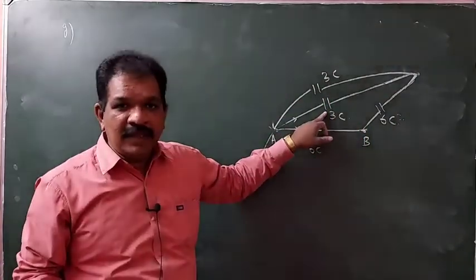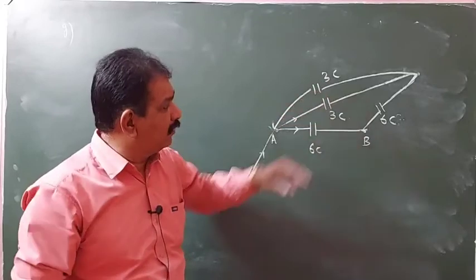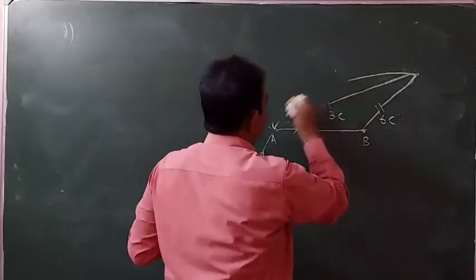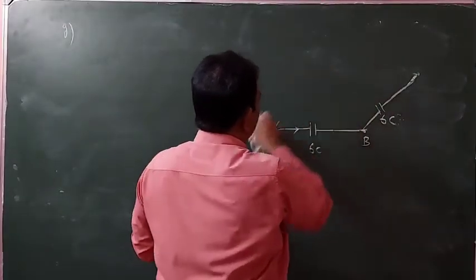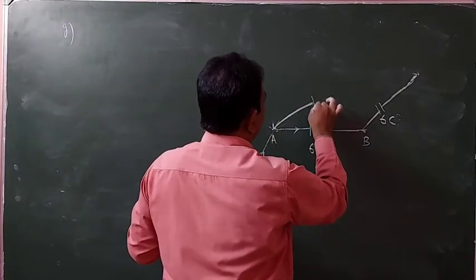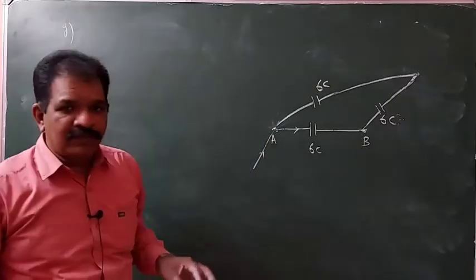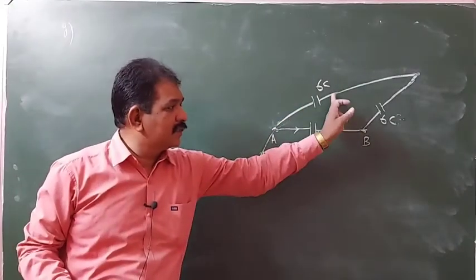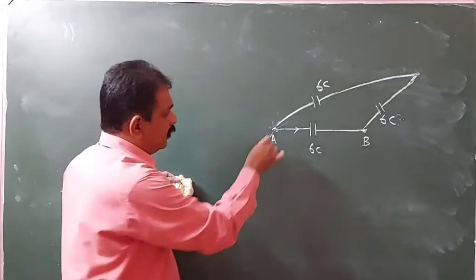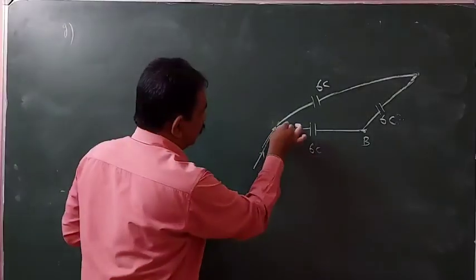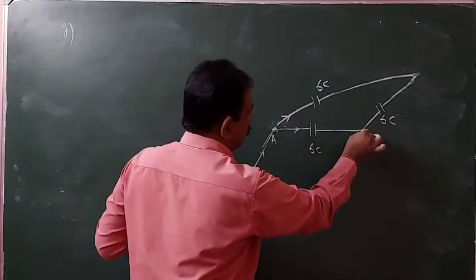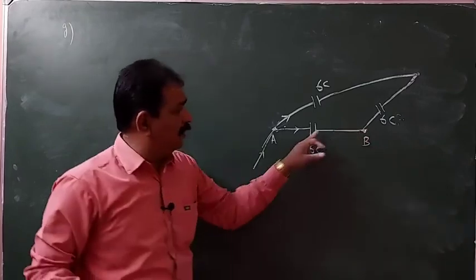3C again in parallel. Effective will be 6C. Like this we will get. This 6C will be, now what will happen? Charge entered here, it will find two ways in this same charge and again it came to here.